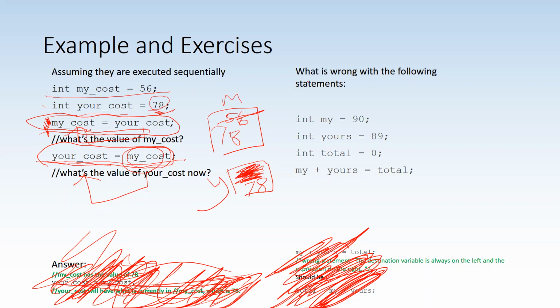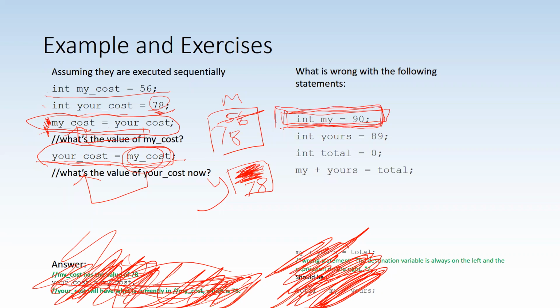Let's look at this. What is wrong with the following statements? Is this correct, everybody? Is this a valid statement? Yes. What type of statement is it? What do you call it?